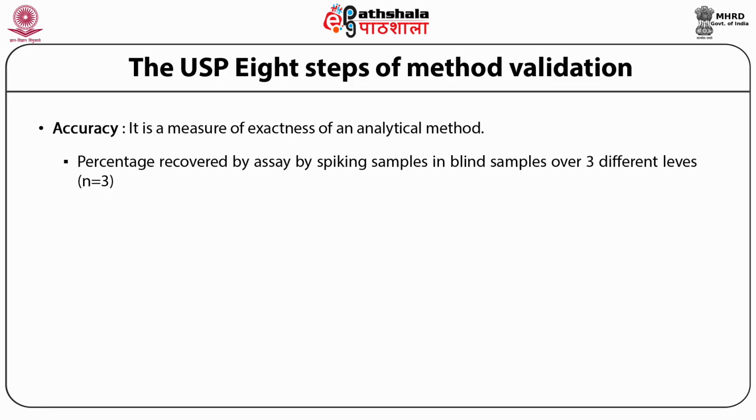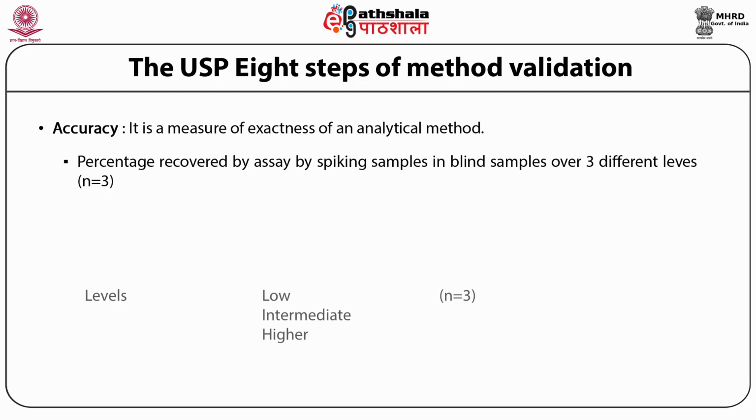For example, if we spike a matrix sample with 10 microgram, and in the assay you are getting 9 microgram out of 10 microgram, that shows your method is capable of recovering about 90%. That is pretty good. So this is what accuracy is about, spiking samples in blind samples over 3 different levels.